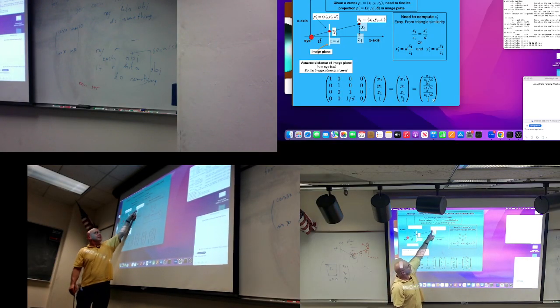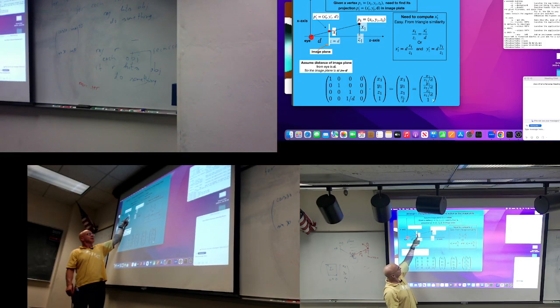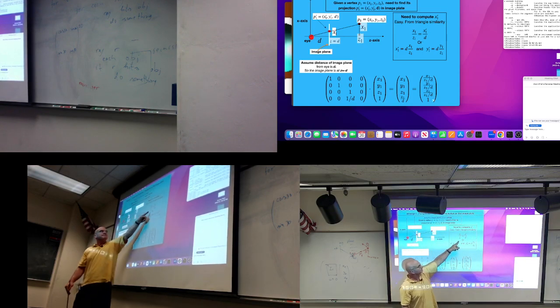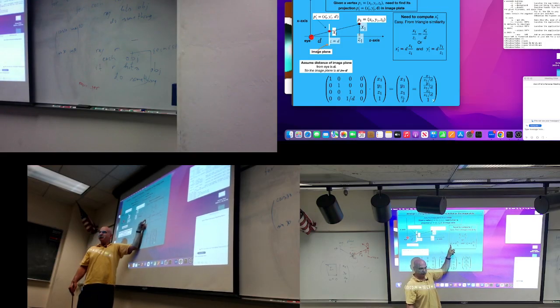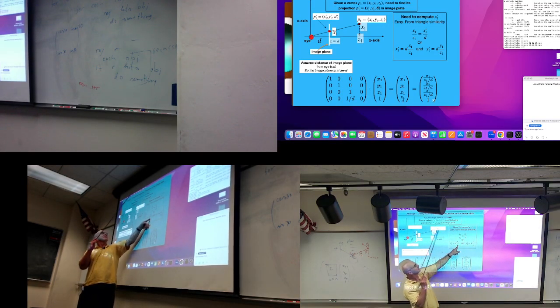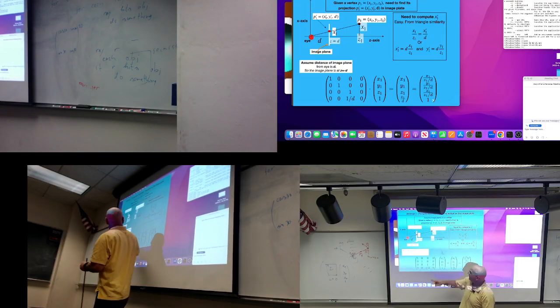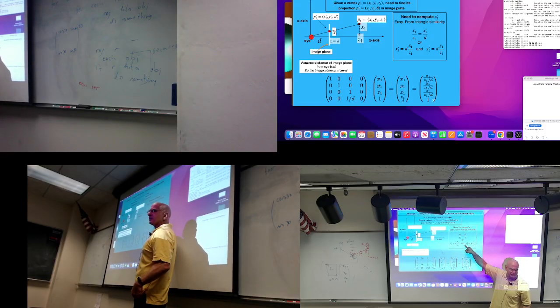That is, x1 divided by z1, which are part of the input, should be equal to x1 prime, which is the unknown, divided by d. So x1 prime, what I want to find, equals d times x1 divided by z1, right? The larger z is, the further away the object is from your eye, the smaller x should be, and the same goes for the y that you don't see.